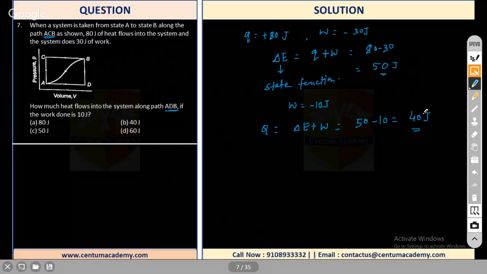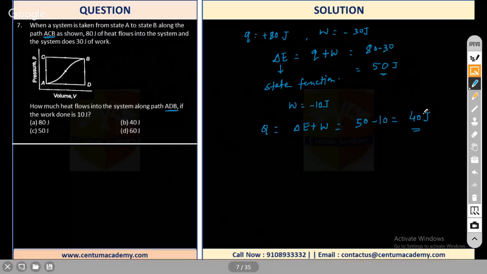Okay, so you are getting Q is equal to E minus W. Okay. Just a second. So for ACB, delta E is equal to Q plus W. That is 50.